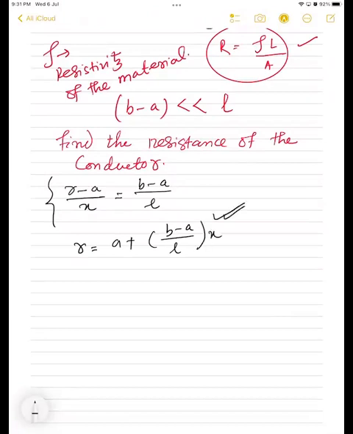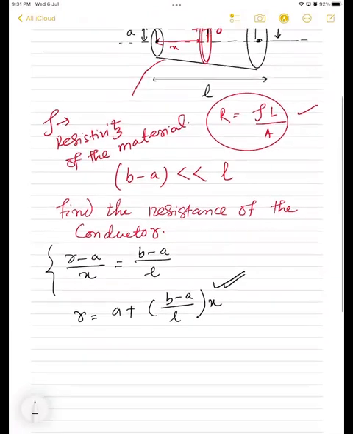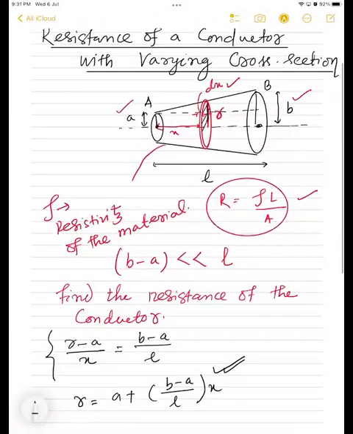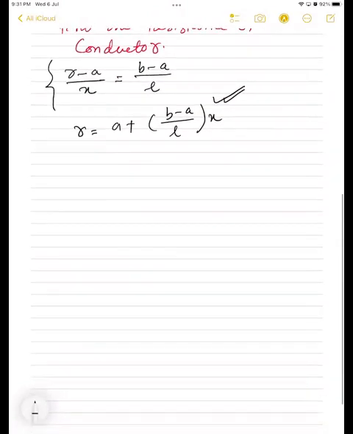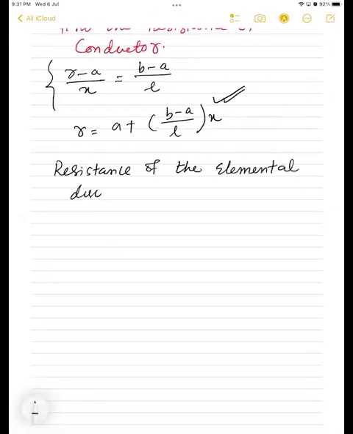And students, the resistance of the elemental disk, the disk we have assumed here, is how much? Let the resistance be small dR, that is rho L by A, and the width we have taken is small dx length, and the area is pi r square.